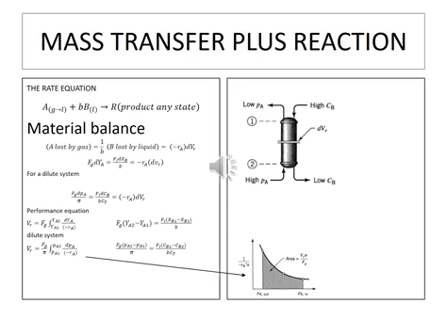The second system that you're looking at is mass transfer plus reaction, and we're still doing a countercurrent tower, plug flow gas and plug flow liquid, and that becomes our equation. As before, we have our material balance, where A lost by gas is equal to 1 over b times B lost by liquid, which is equal to rate of reaction times change in volume.